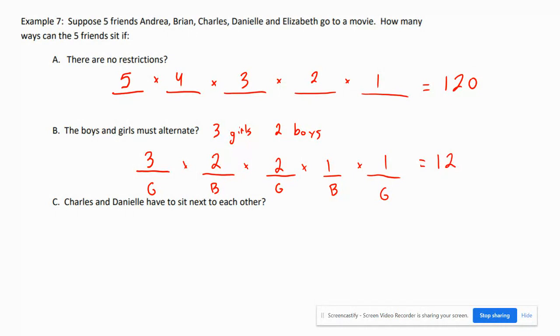Charles and Danielle have to sit together. The way we do this question is, in questions where 2 objects or 2 people, or whatever we're counting, have to be grouped together, we're going to treat those two objects or people as if they were one object or person.